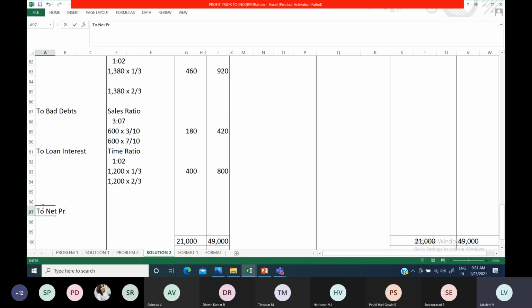So before the date of incorporation, it is profit prior to incorporation. Just note down that amount after subtracting everything.